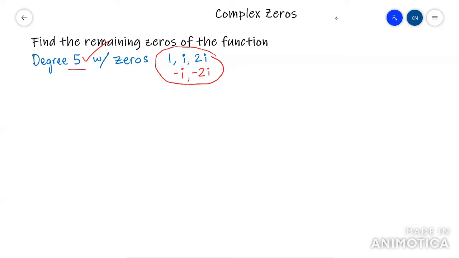So sometimes they can be really easy like that, but sometimes they'll do stuff like this. They'll give you the equation like f of x. Let's do this one. And they'll tell you a zero most of the time.